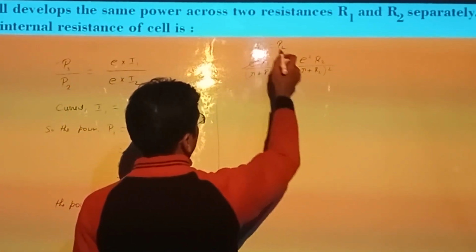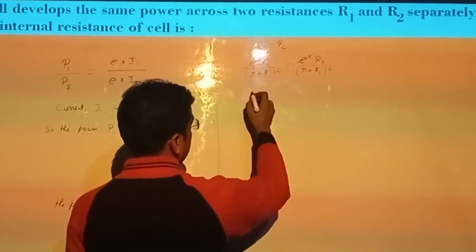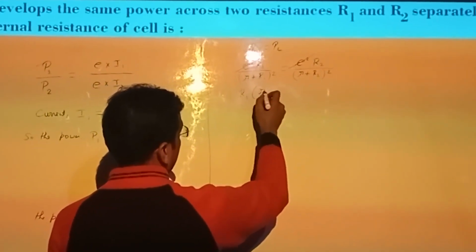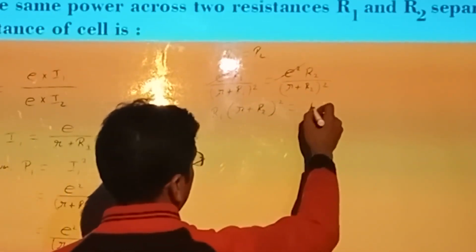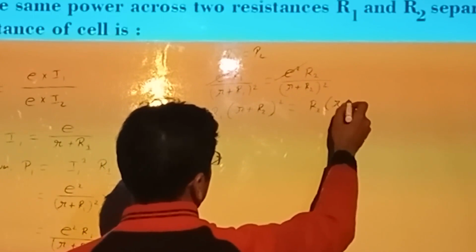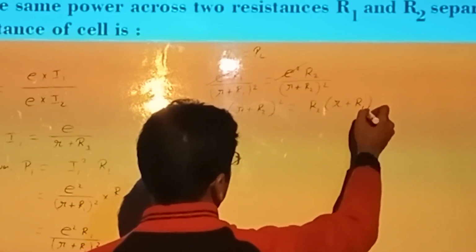By cancelling E square from both sides, we get R1 (R plus R2) whole square equals R2 (R plus R1) whole square, where R is the internal resistance.